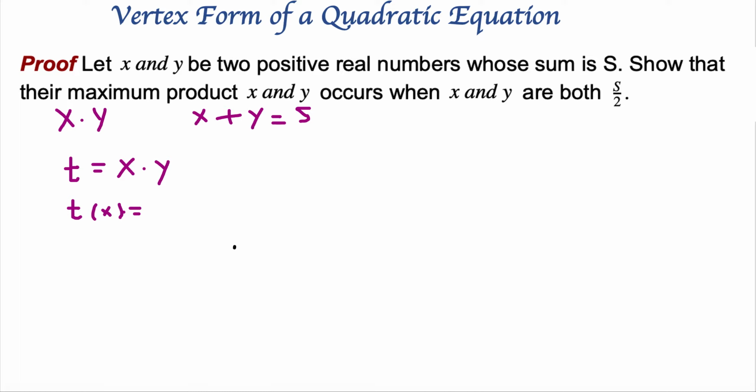Because here I have x plus y, we can subtract x from both sides. And already we see here we can cancel x minus x, and this implies y is equal to s minus x.